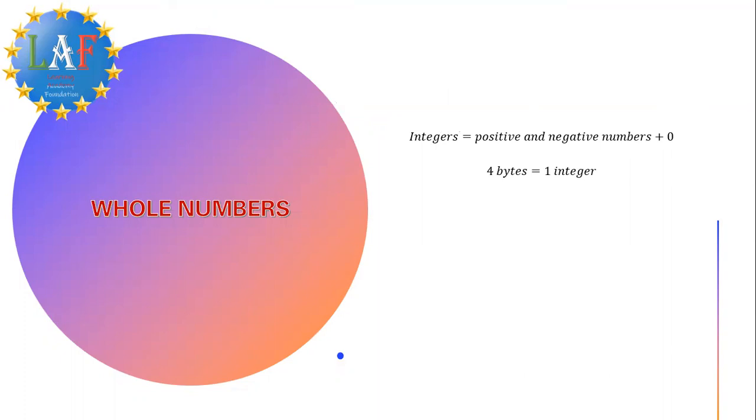Not all numbers can be represented, but only those between negative 2 power n minus 1, that is negative 2,147,483,648 in base 10, and 2 power n minus 1, that is equal to 2,147,483,647 in base 10, where n is the number of bits, so it's equal to 4 times 8 equal to 32.